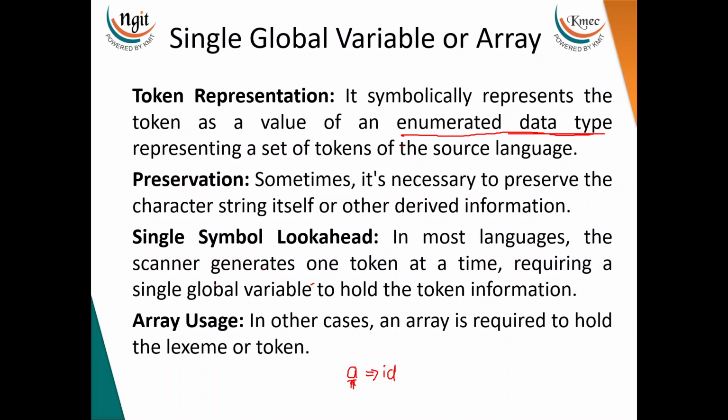But sometimes we have to remember more than one token, or more information about the token, and then a single global variable will not be useful. In that case, we go for arrays.